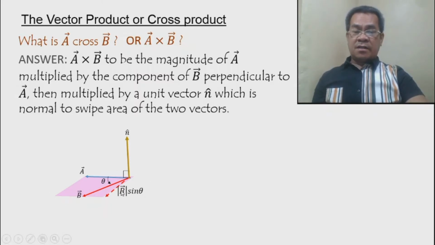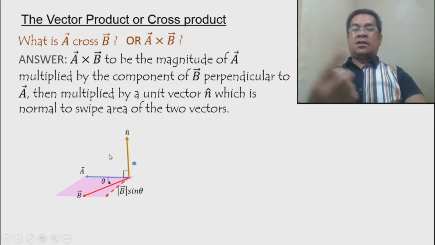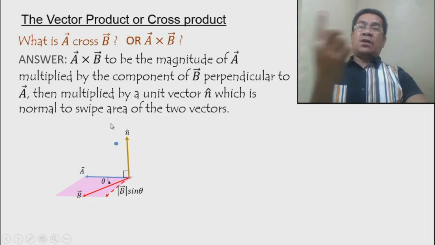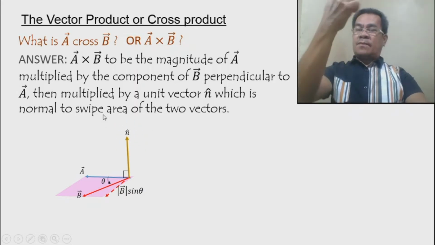So the rotating swipe area will rotate about this axis, the normal line, and it will move upward. While rotating, it will be moving upward.